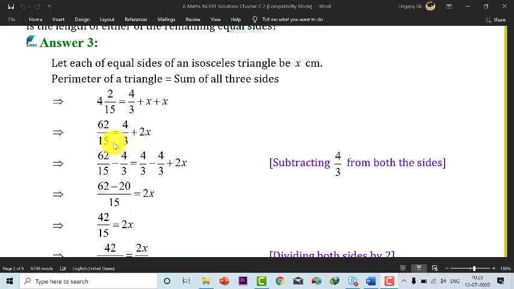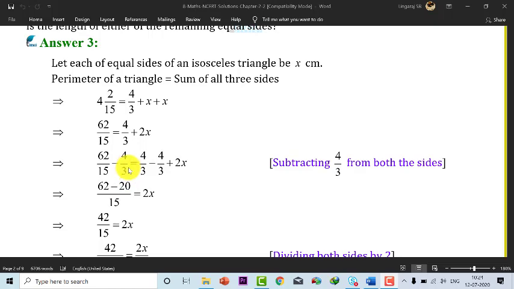In the next step we have to remove this 4 by 3 to get the x value. So we subtract 4 by 3 from both sides. So 62 by 15 minus 4 by 3 is equal to 4 by 3 minus 4 by 3 plus 2x. Here 4 by 3 gets cancelled, and the LCM of 15 and 3 is 15. 15 into 1 is 15, and 3 fives are 15.